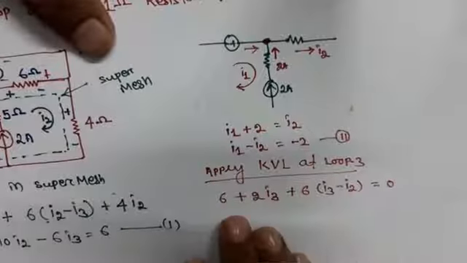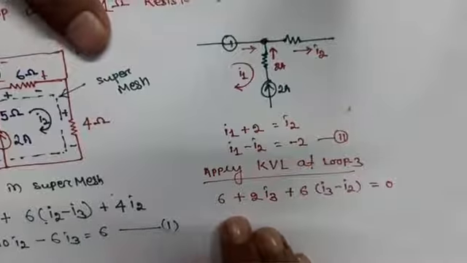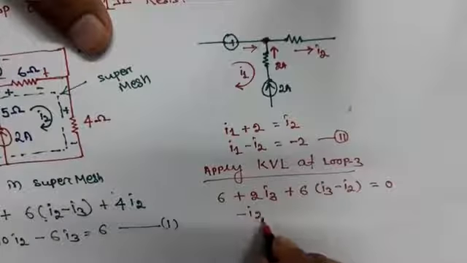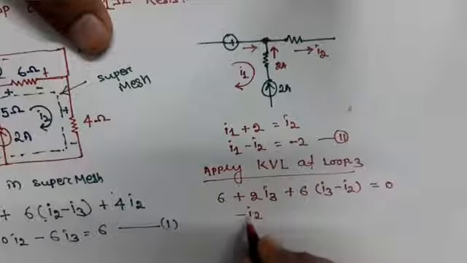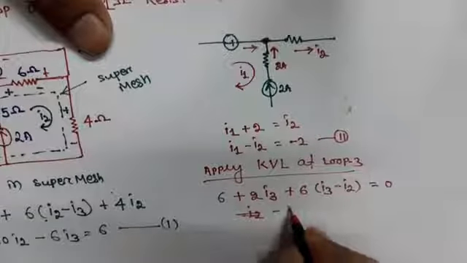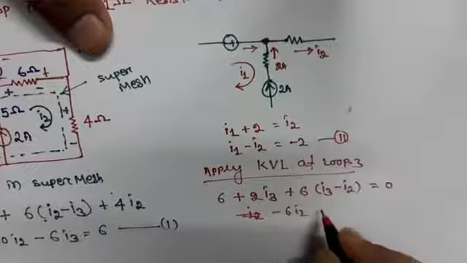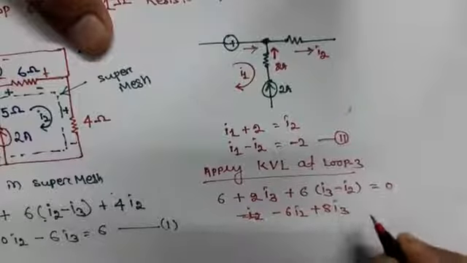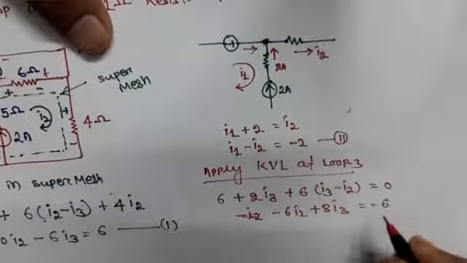Then after simplifying, this is minus 6 I2, then plus 8 I3 is equal to minus 6.